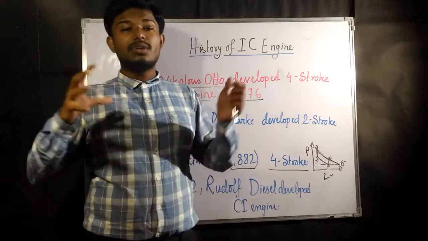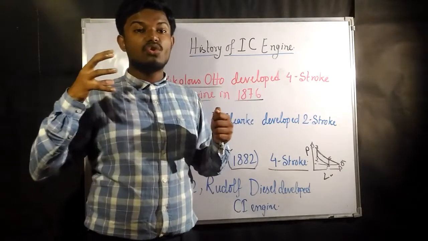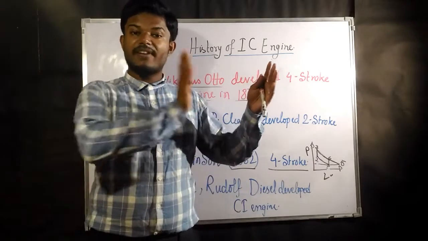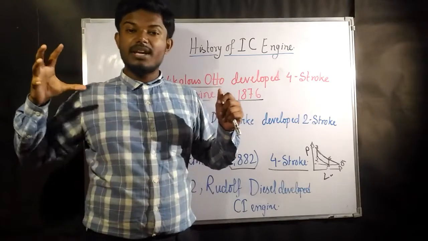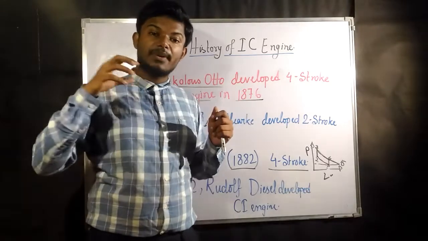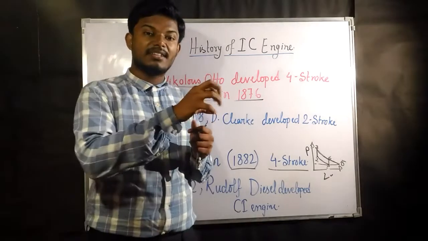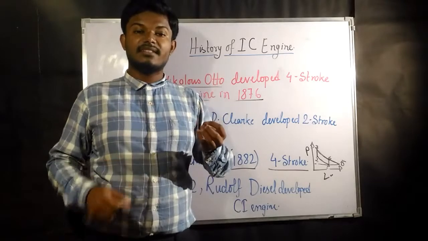That means we compress the air inside the cylinder to a much higher level. The difference between the initial volume and the final volume is very high. We compress it in such a manner that its temperature and pressure automatically increase.